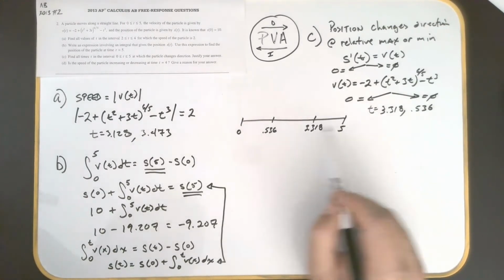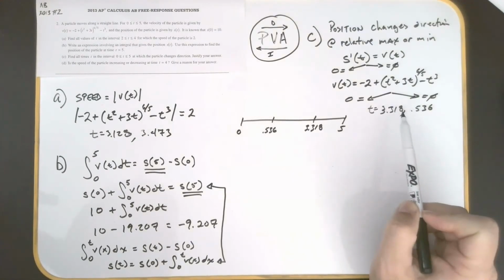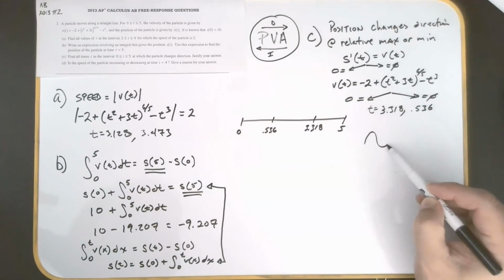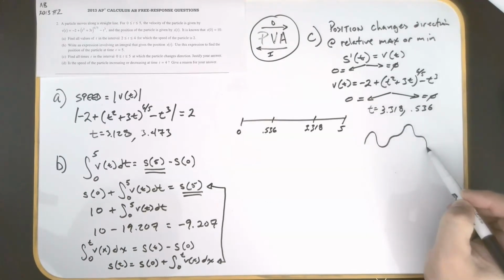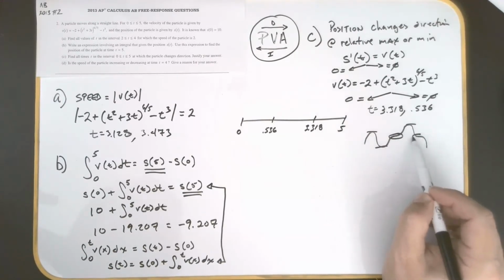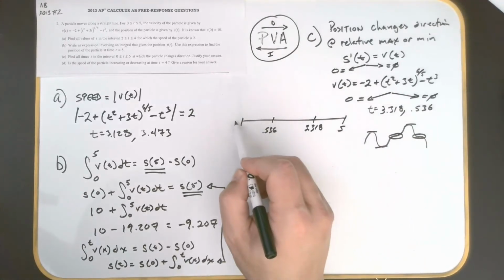Now, the reason you have to check these is it's possible maybe one of these turned out to be an inflection point where if we were to graph it, instead of being a peak or a valley, it's possible it could have just been a flat spot and you did not change direction. You just continued to increase, or on the way down you created a critical point, but you continued to decrease. So you have to make sure we're looking for these values and we're testing to make sure that this is not what happened. So we're just going to test our intervals to see about increasing and decreasing.